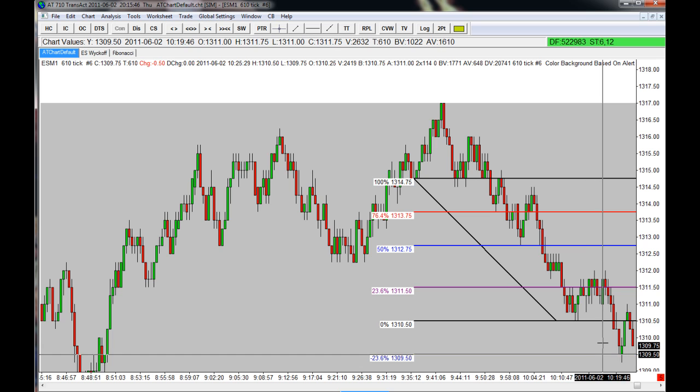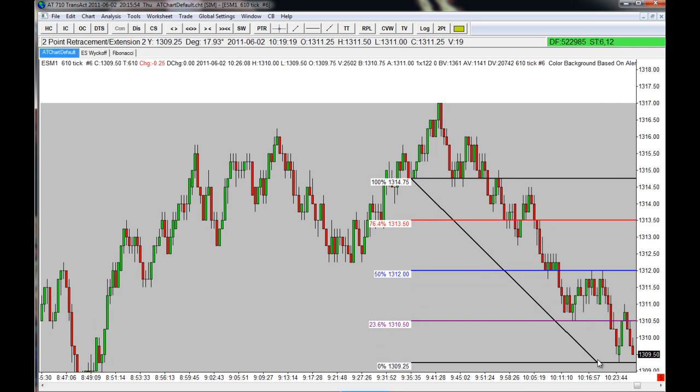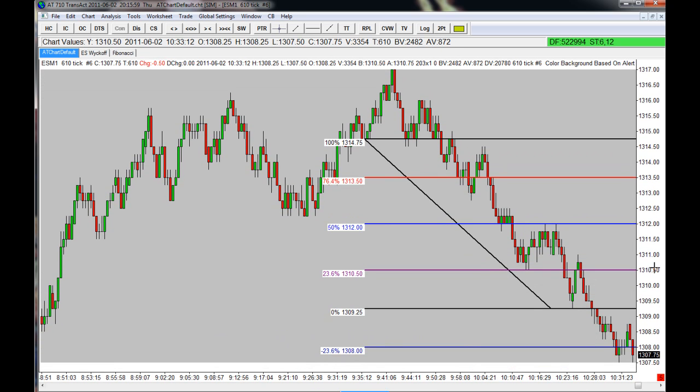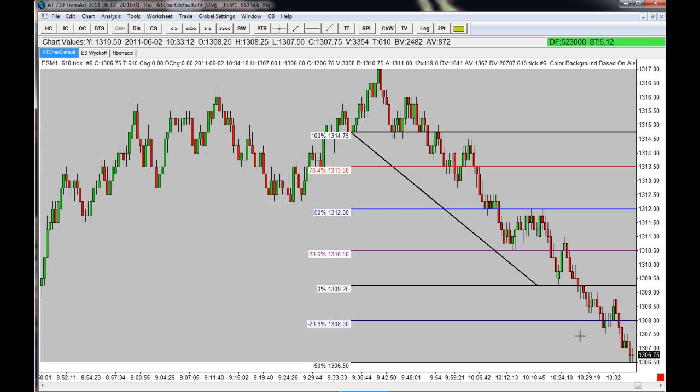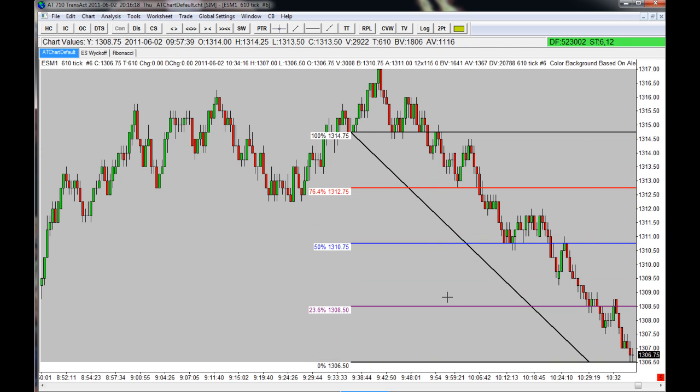Price did not retrace to the 50% level, went to negative 23.6, back to 0. So we move this here, then continue to fall down to negative 23.6, down to negative 50. So again, price extended one more time. We were already in an extended price fib, and so again, if you move the 0% line over here, as you can see, now the distance is 2 points.